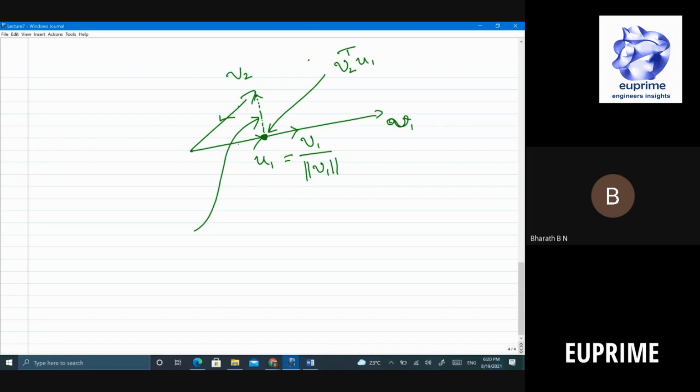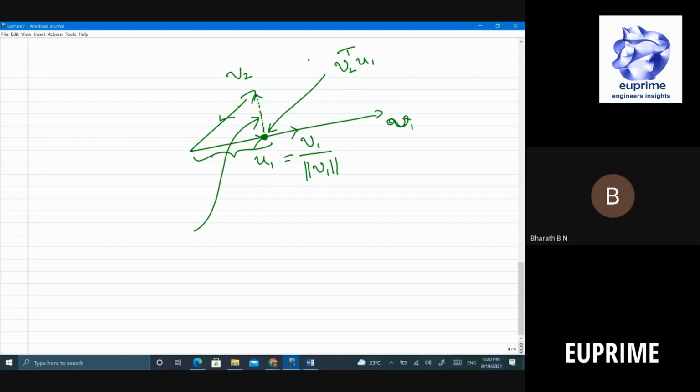I have to move by a distance along the direction of U1. What is this distance? This distance is given by the inner product, V2 transpose U1, but along the direction of U1.